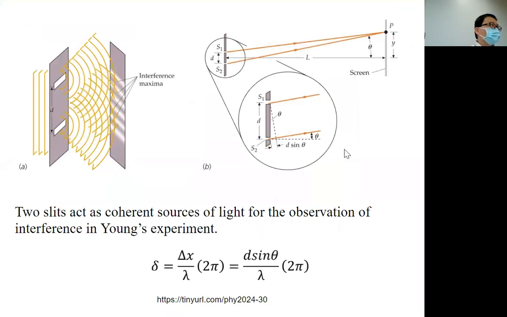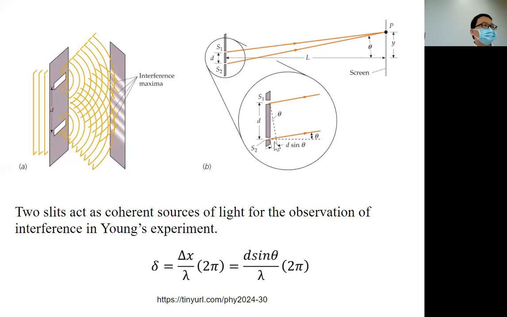All right. So for two light waves coming out of two slits hitting the same spot P on the screen, if we zoom in to see the two arrive at P at the same time, then the path difference for these two light waves, 1 and 2, differs by only a small part, this part.